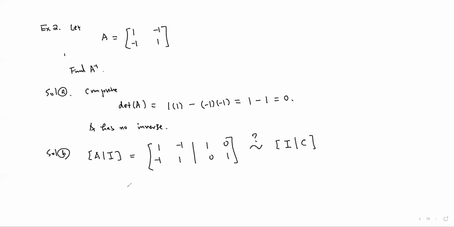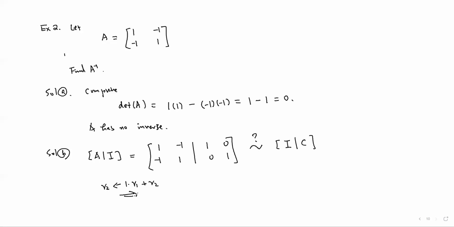Now let me try. Forward elimination first. How about 1 times row 1 plus row 2? See what will happen.